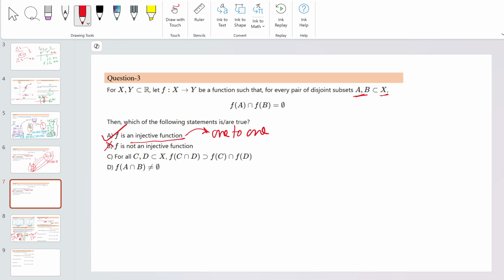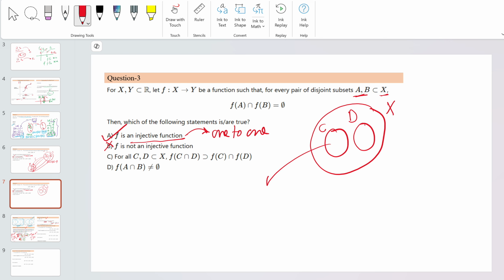C and D are subsets of X. Suppose X is there, and C and D are subsets such that f(C) intersection f(D) is a subset, it is asking whether it is a superset of f(C) intersection f(D). When you see that f(C) has some elements, f(C) intersection f(D) is a subset of f(C).